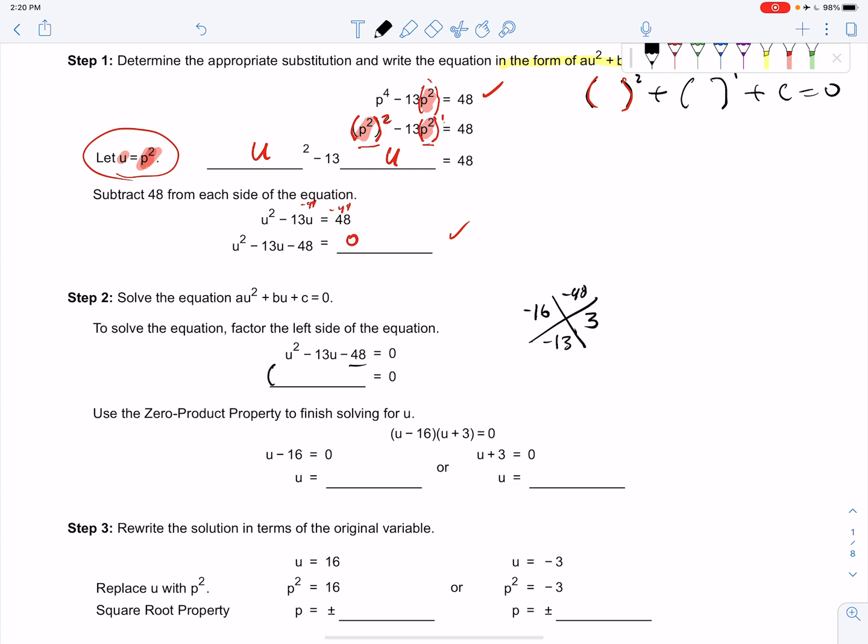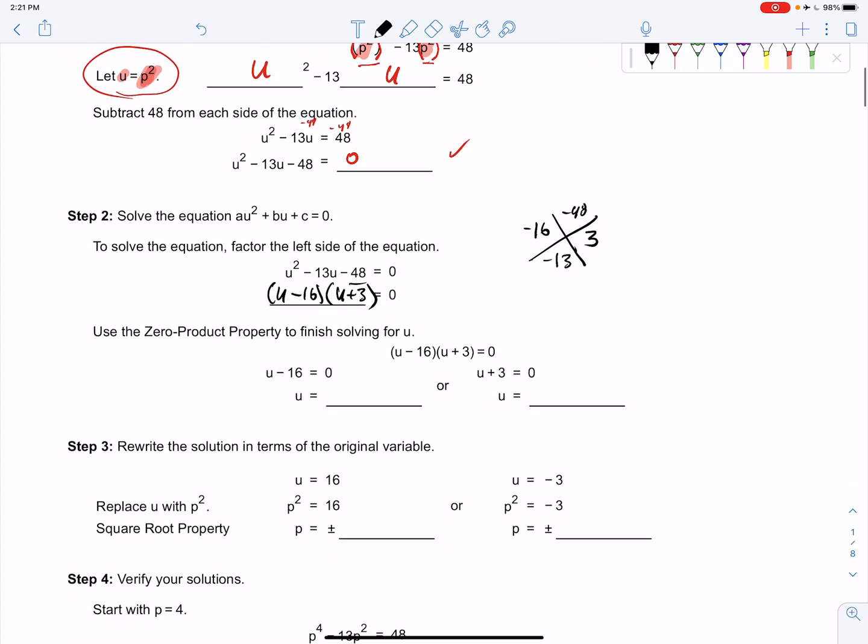So this factors down to u minus 16 times the quantity u plus 3. Now we use the zero product property. We set each factor equal to 0. Set that factor equal to 0 right here and add 16 on both sides, and we get u equals 16. Set the second factor equal to 0, subtract 3, and we get u equals negative 3.